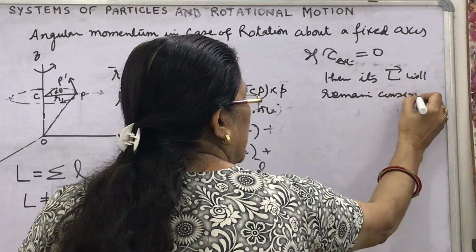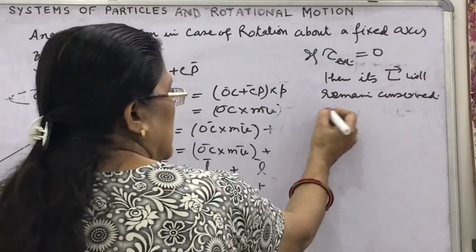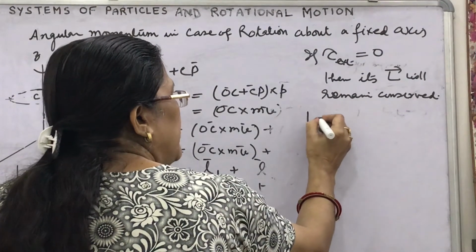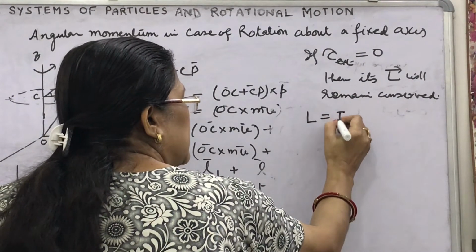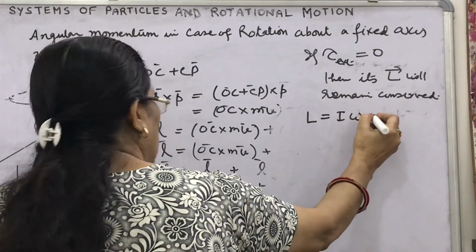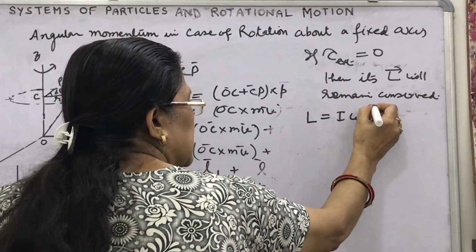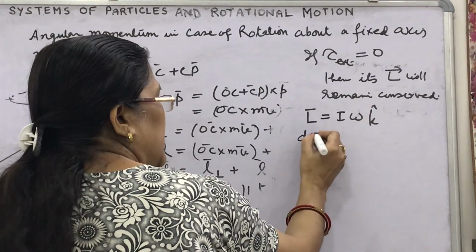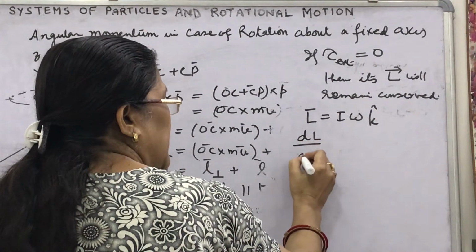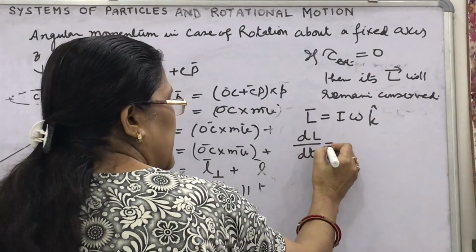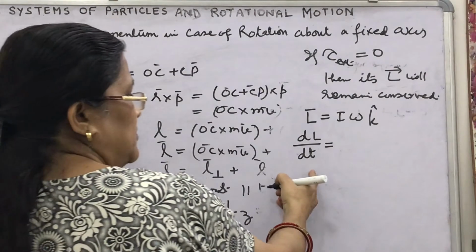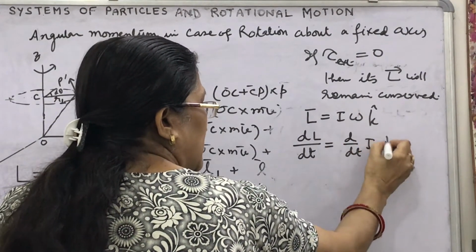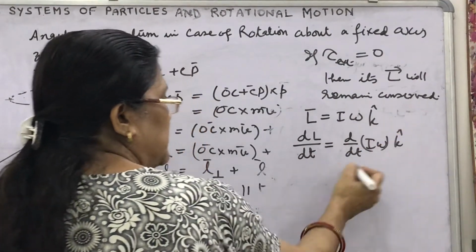How will you prove it? We have seen L equals I omega k for the object symmetrical about the rotational axis, in vector form. Find dL by dt, the rate of change of angular momentum. It will be d by dt of I omega k.